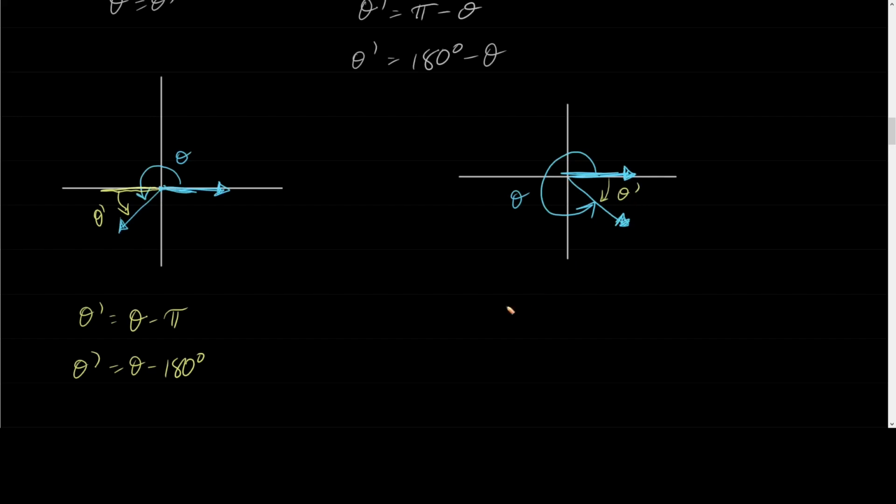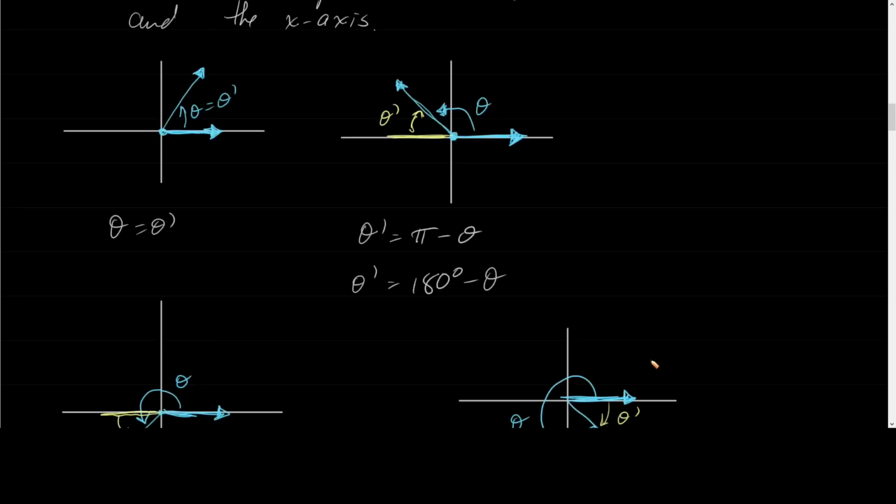It can be found by taking the entire full revolution and subtracting the entire angle. So it would be the entire revolution minus the original angle. In degrees, that's the entire revolution, 360 degrees, minus the original angle. So that's how we find our reference angles.